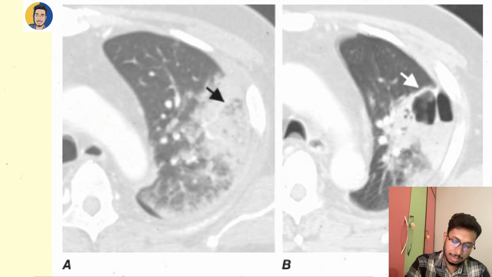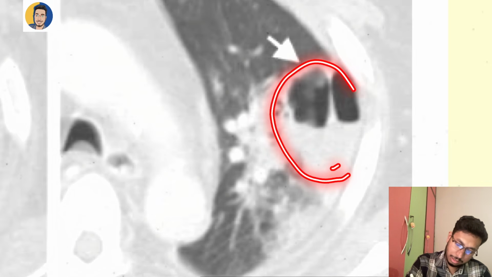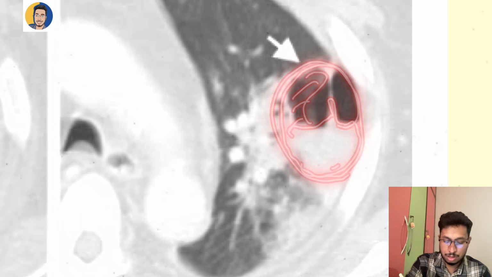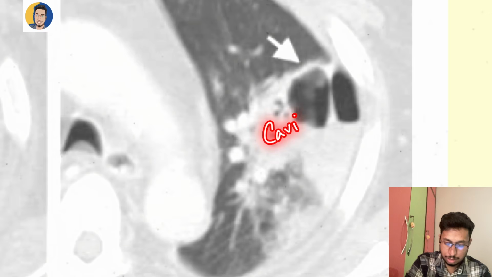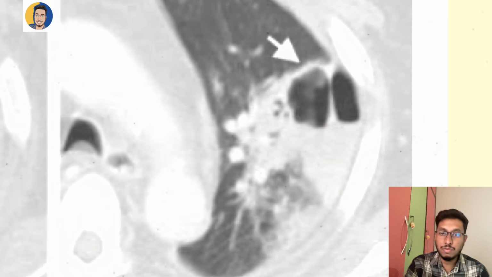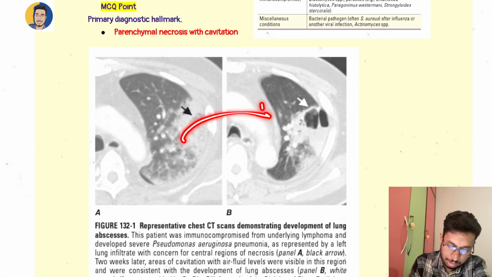Later on, in the same patient, there is cavitation and a specific air fluid level. This is a cavity with an air fluid level, nothing but a case of abscess formation. So usually necrosis leads to abscess formation in a later stage.